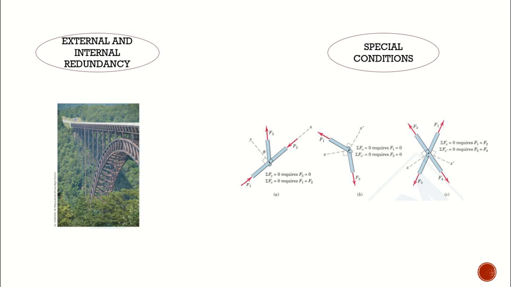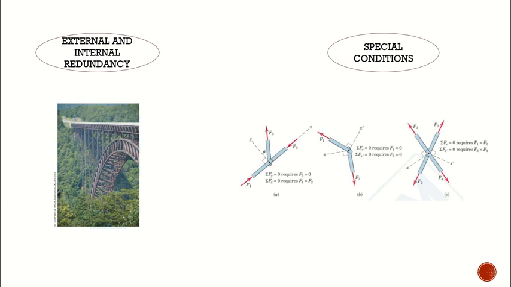If a plane truss has more external supports than necessary to ensure a stable equilibrium configuration, the truss is statically indeterminate and the extra supports form an external redundancy. If a truss has more internal members than necessary to prevent collapse once the truss is separated from its supports, the extra members form an internal redundancy and the truss is again statically indeterminate.